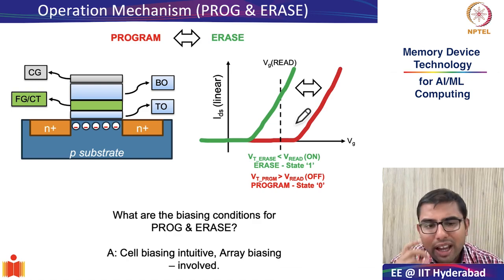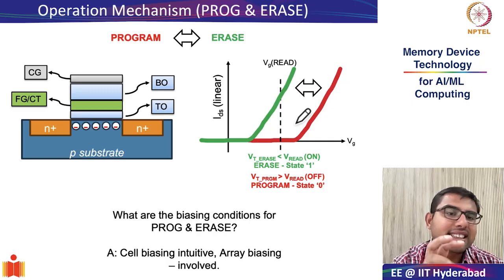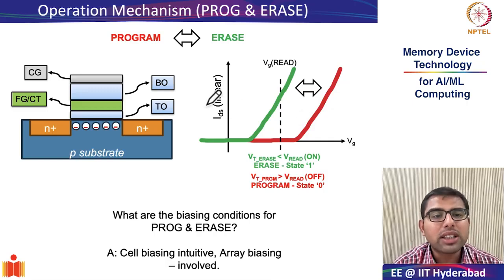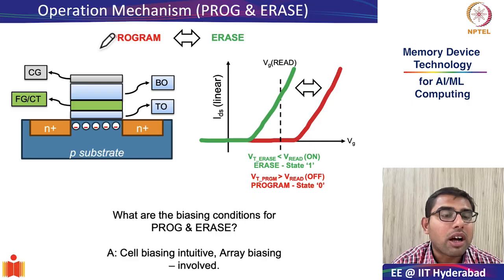If you think very carefully, the biasing mechanism for programming and erase is very simple at the cell level. Why is this the case? Because in the program operation, all you need to do is pull negative charges into the floating gate. So it is obvious that in program operation, you have to apply a large positive bias at the control gate terminal, and vice versa for the erase operation.